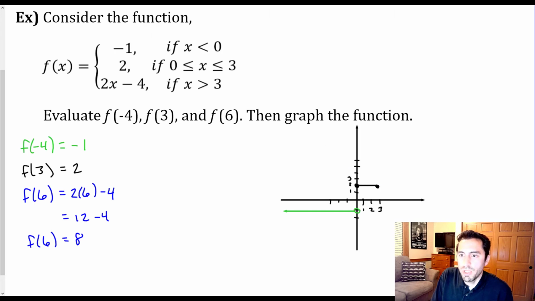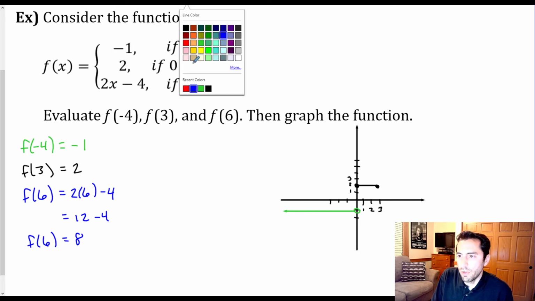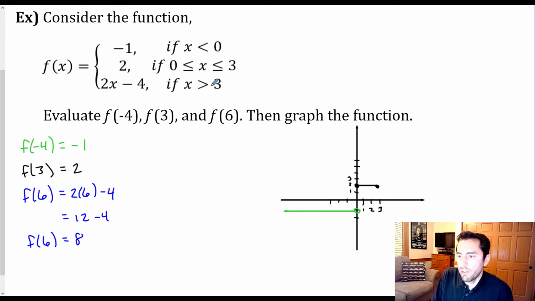And then our last piece is our last equation, 2x minus 4. So everything starting at 3 but not including 3, then everything all the way to positive infinity is represented by this. So this is going to be a line, and just to get an idea of where we're going to start, I'm going to see what I get when I plug in 3.